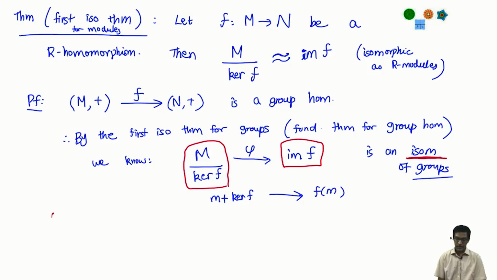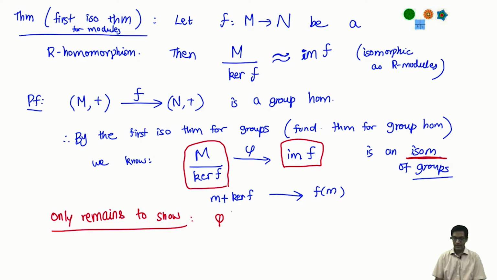So it only remains, because we are appealing to the work that we have already done in proving this theorem for groups, to show one simple thing here, that phi respects the scalar multiplication.